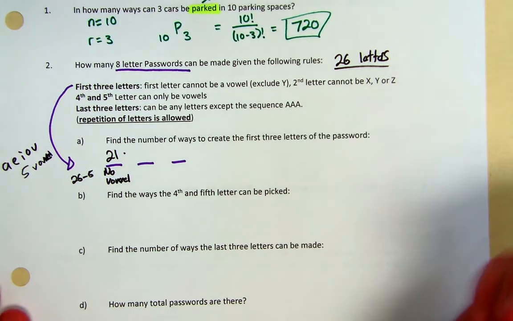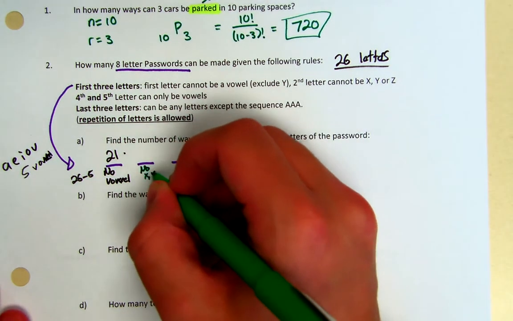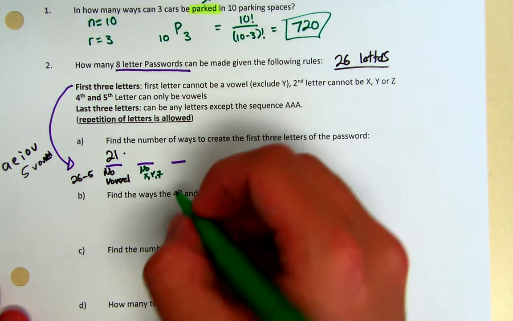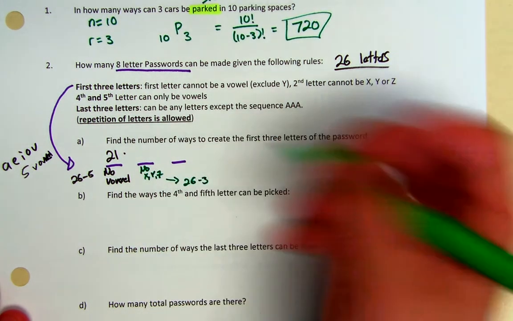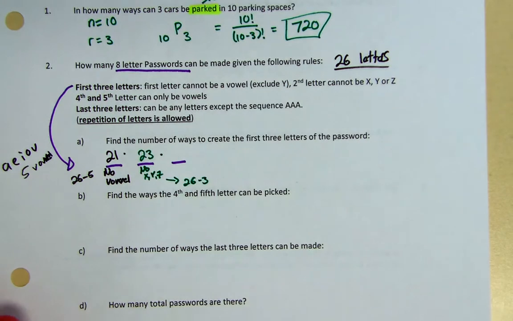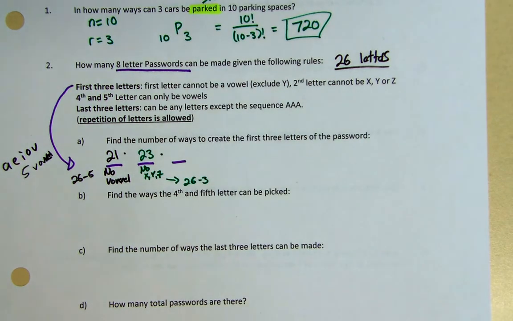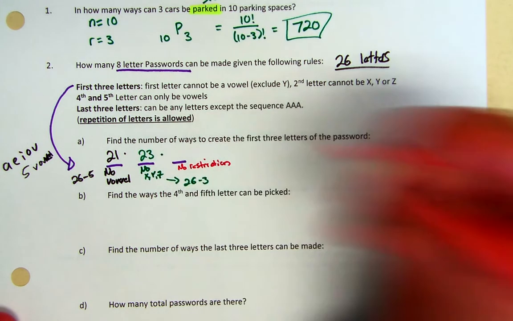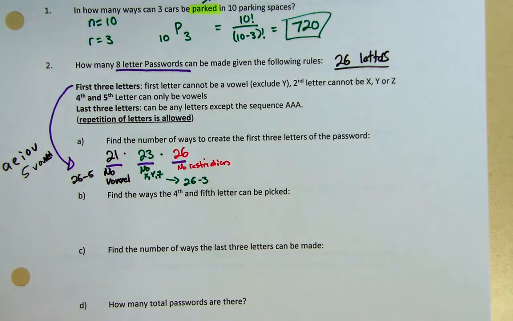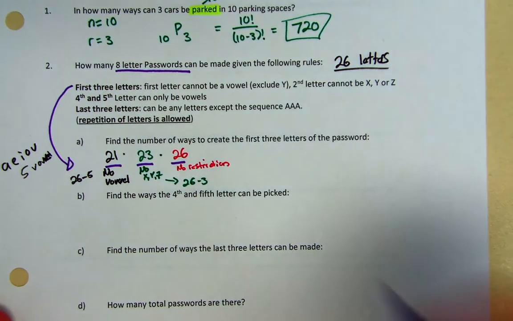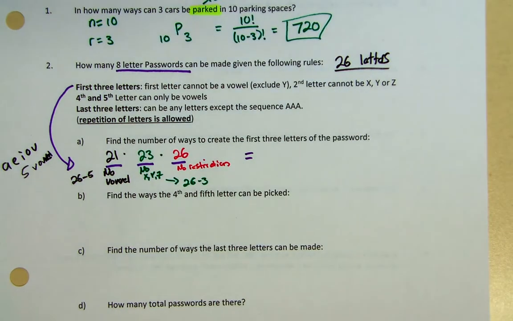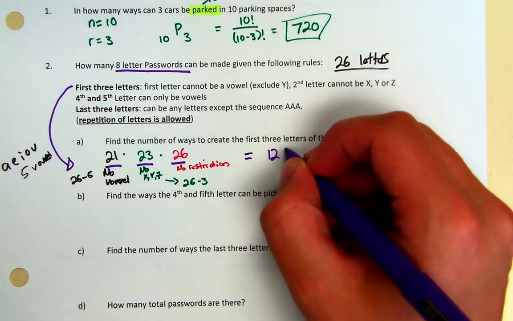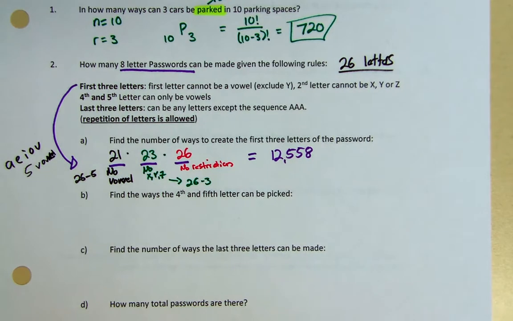Slot 2 cannot be X, Y, or Z, so that's excluding 3 letters. 26 minus 3 is 23 different options. And finally, the last slot says nothing about it, so no restriction. It can be any letter, so 26. Multiply those all together and we end up with 12,558 ways.